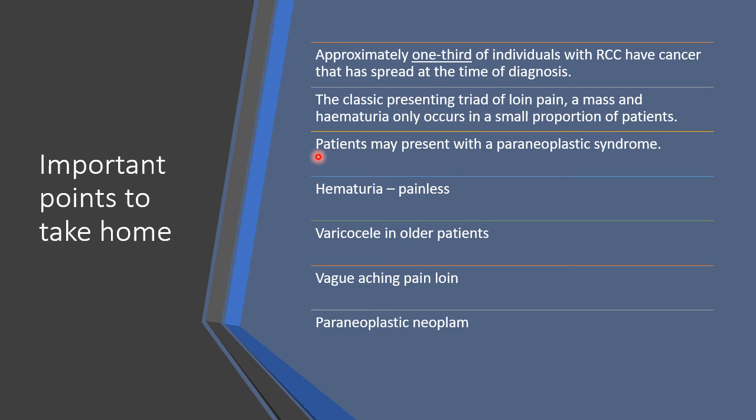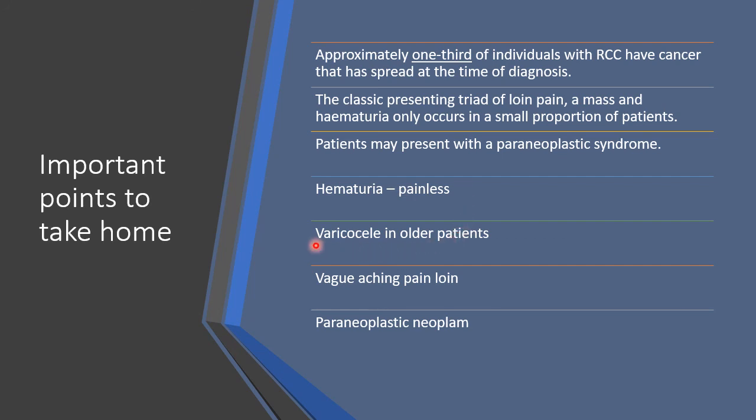The third point is that patients with renal cell carcinoma may present with paraneoplastic syndromes, all sorts of endocrine problems. Hematuria in these patients is classically painless and total.